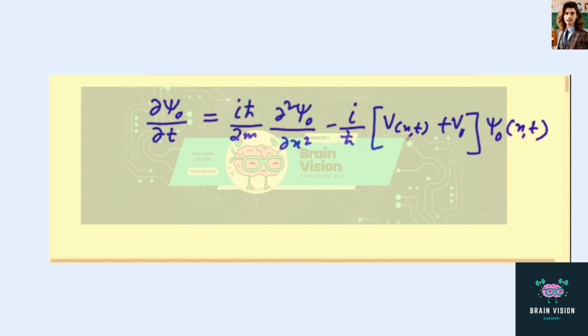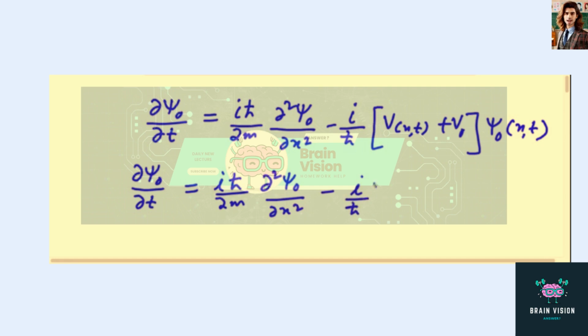Now we can write this in two parts. Here del psi naught by del t is equal to i h bar by 2m del 2 psi naught by del x square, minus i by h bar V(x,t) psi naught(x,t), minus i by h bar V naught psi naught(x,t).